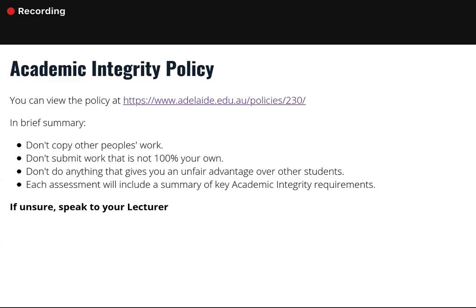So yes, hopefully it should be a little bit clearer for each individual assessment what the specific requirements are, but at the same time, because it's very clear for each assessment, there won't be any excuses in terms of, oh, I didn't know that wasn't allowed. It should all be quite clear in that regard.